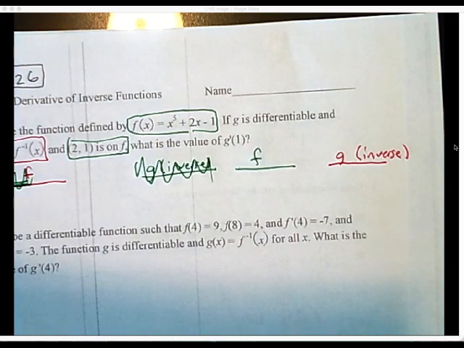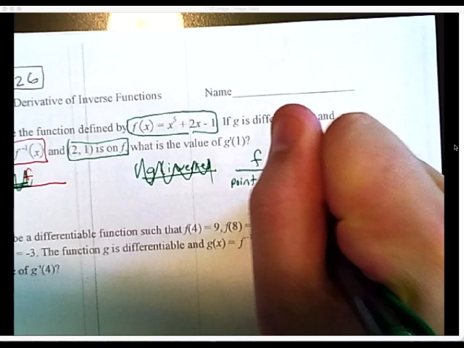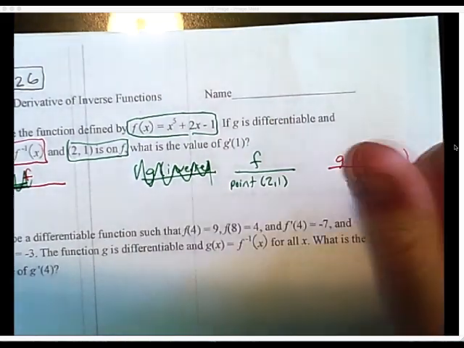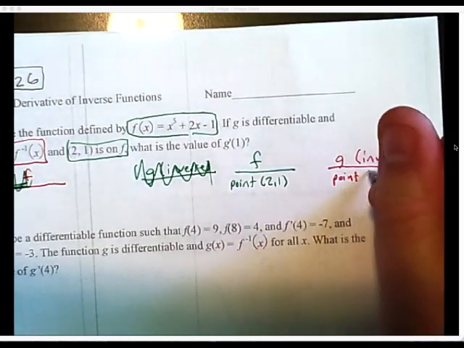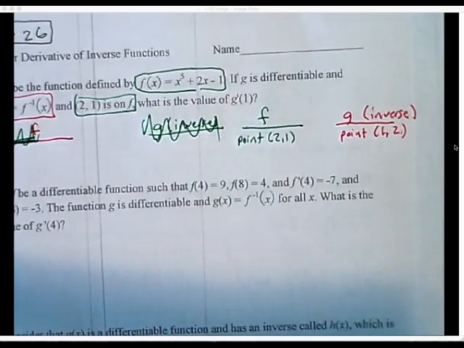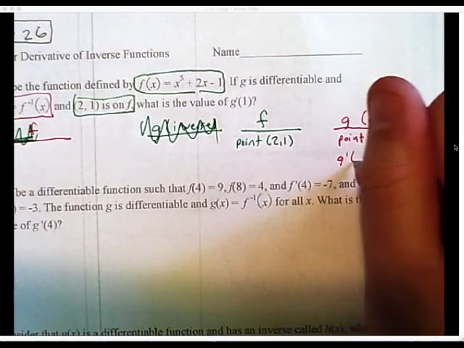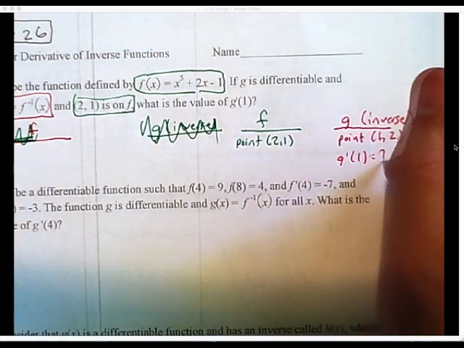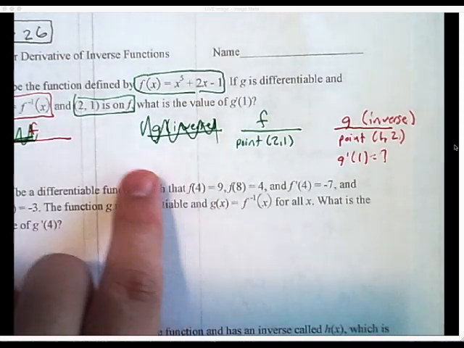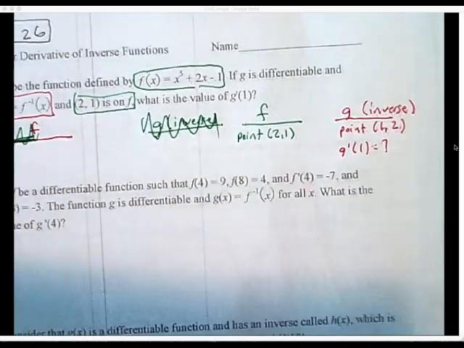That's the easiest way to think about it. So on f, the point is (2, 1). That means the point on g is (1, 2). What I'm trying to figure out here is g prime of 1. That's what I want to find, and that's going to be the reciprocal to this derivative, evaluated at 2.